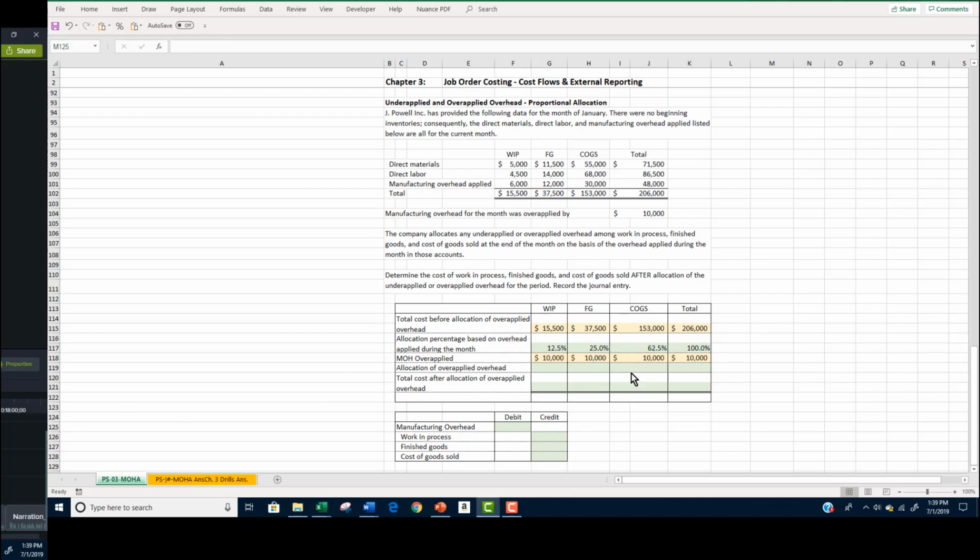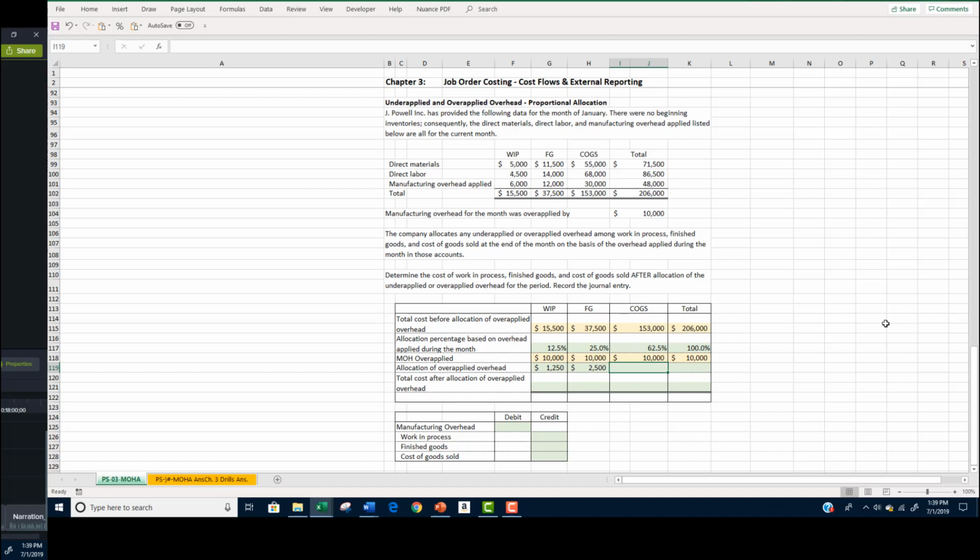We now multiply each percentage by the manufacturing overhead over applied. For work in process, 12.5% of $10,000 is $1,250. Finished goods is 25% times $10,000, or $2,500.